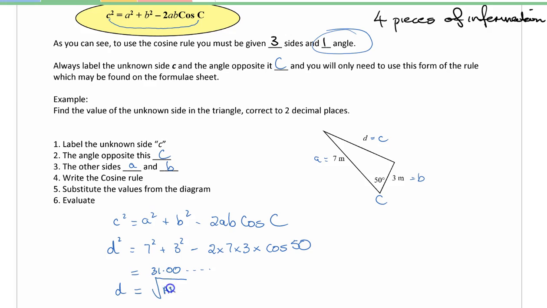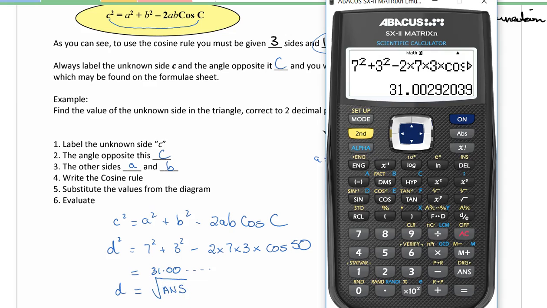I'm going to keep that on the calculator, because I pressed equals, my answer's stored there as Ans. I want the square root of the answer. So I don't really need to re-enter it on my calculator.